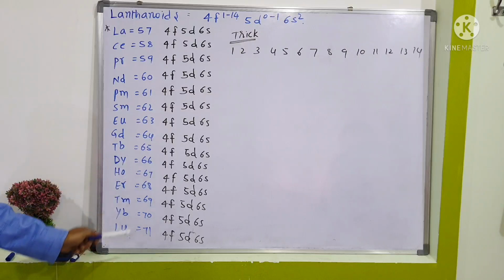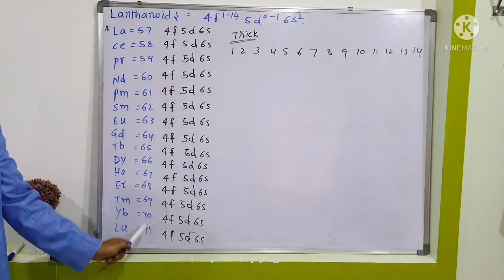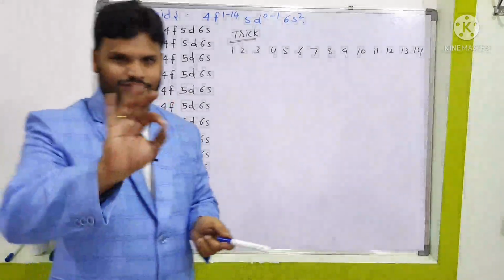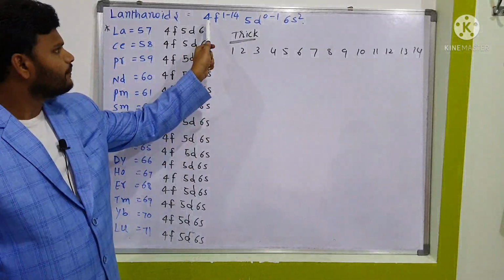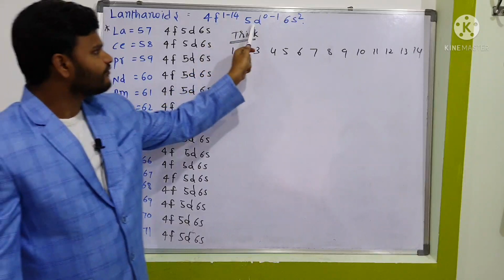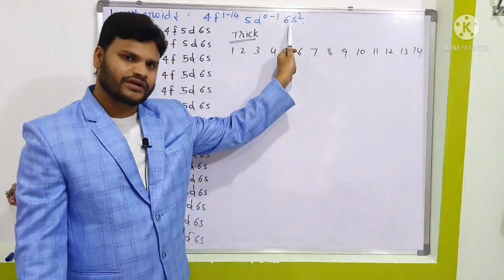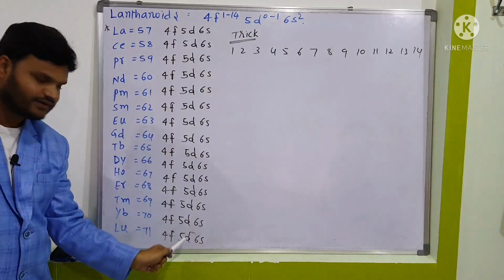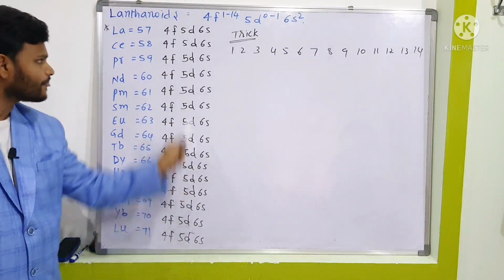These are the elements with atomic number 58 to 71. First, how to write the electronic configuration? Simple logic. Basic units 4F, 5D, 6S. You have to write like that, same pattern, no change. Is it clear?